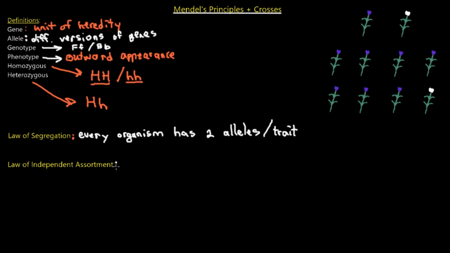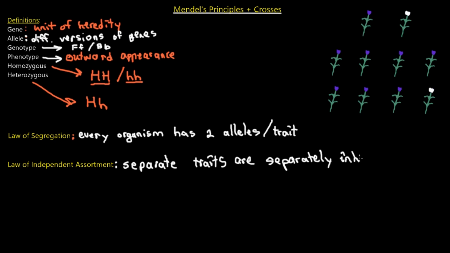The second law, the law of independent assortment, states that separate traits are separately inherited. And this simply means that the trait for your eye color and the trait for your height are going to be separately inherited.